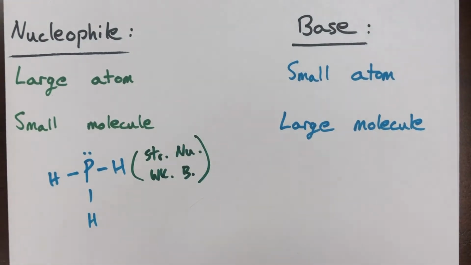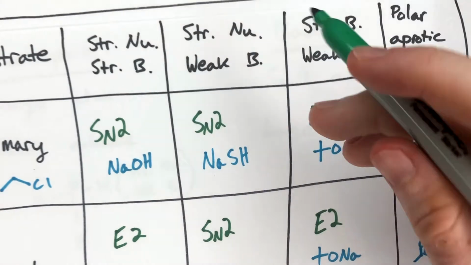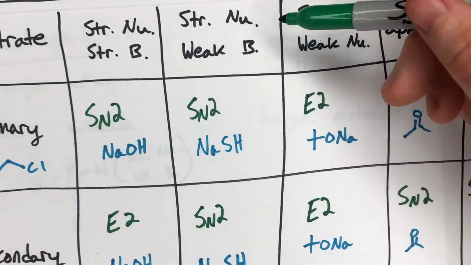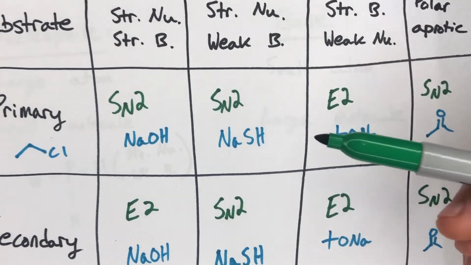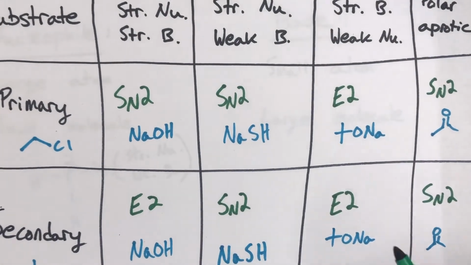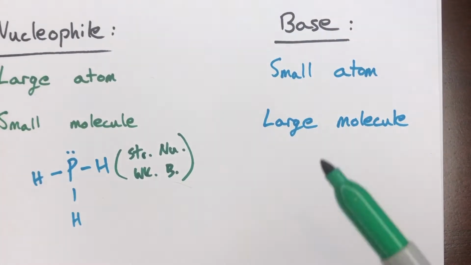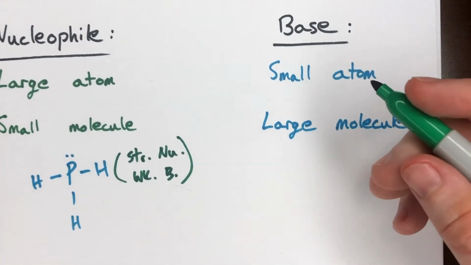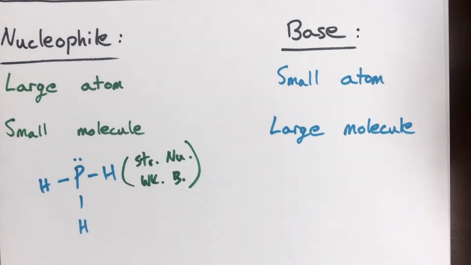So if we look then at our chart, going back here, this would be the first, not the first column, it would be the second column where we have a strong nucleophile and a weak base. The PH3 would fit in this category as well, as does NaSH that I used as our first example. Now, on the other hand, bases have small atoms at the reactive center, but the molecules themselves are large.